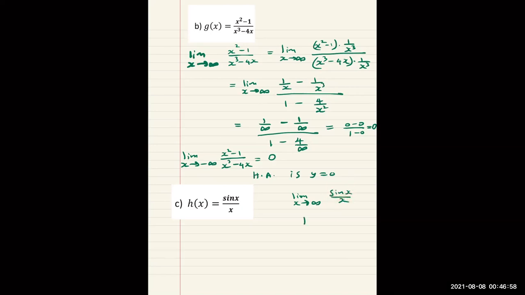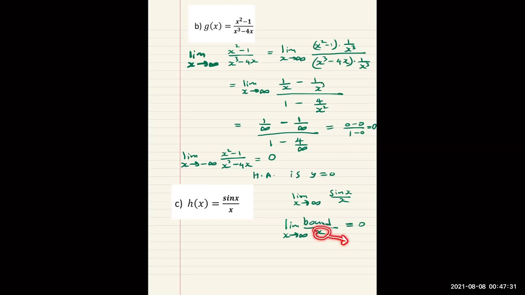Top is bounded, divided by x, limit as x approaches infinity. So your denominator is getting bigger and bigger. It goes to infinity, but your numerator is bounded. So your answer should be 0. Even when the limit is as x approaches negative infinity, the answer of this limit would be 0, because your top is bounded and your bottom is growing without bound.